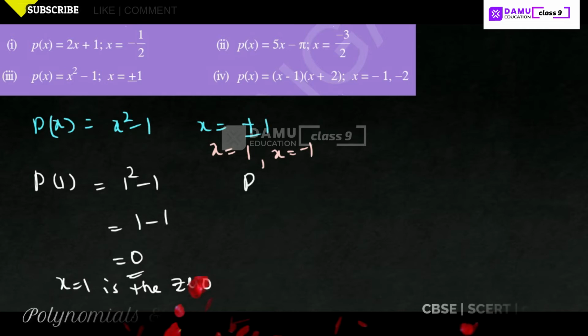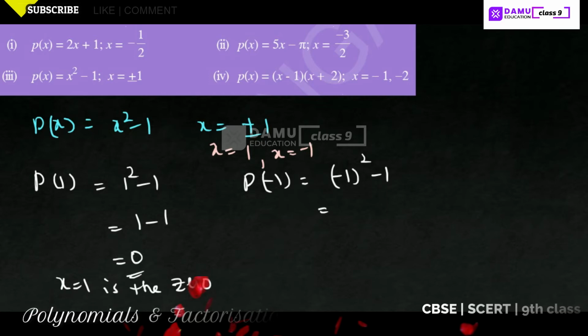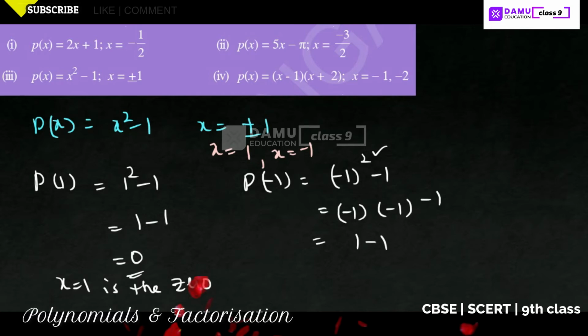Next, p of minus 1. That is minus 1 whole square minus 1. Minus into minus will become plus. As I told, if the exponent value is even, then we will get positive. Minus into minus 1, minus into minus is plus, 1 into 1, 1, minus 1. Here 0.